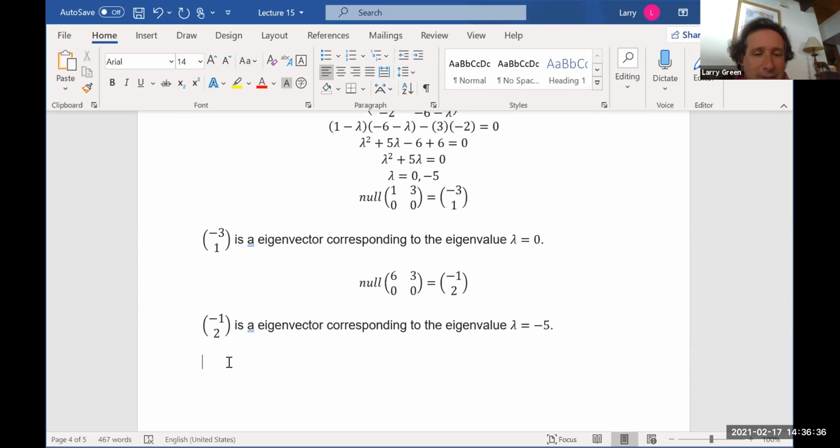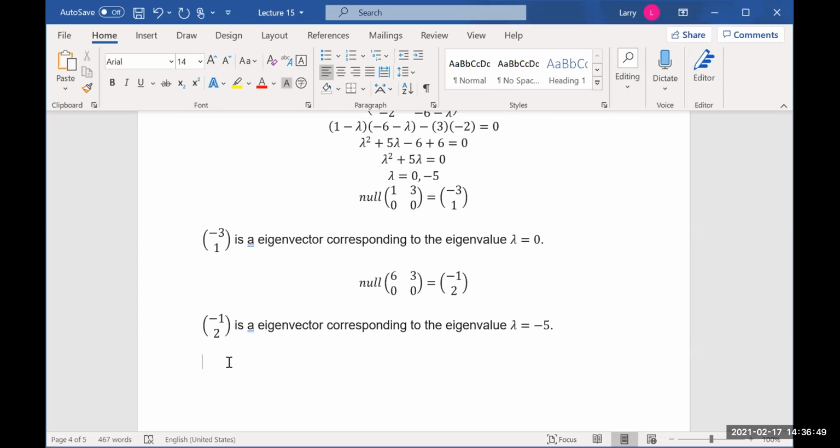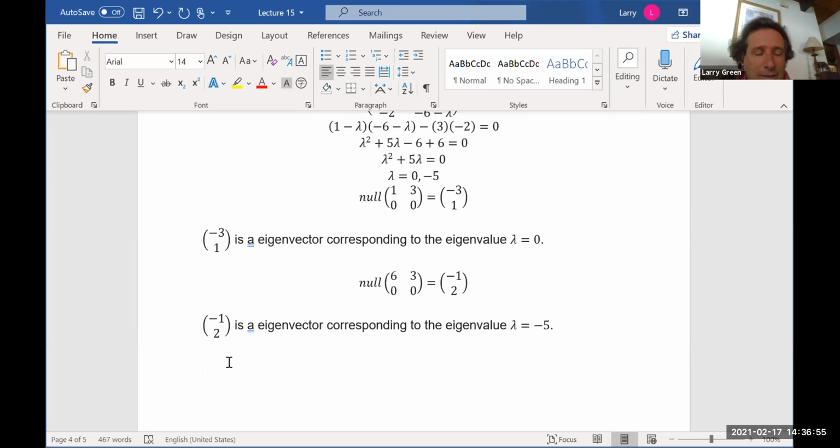If you apply that matrix times the eigenvector, you get a multiple of the eigenvector, right? By definition. And if you apply it again, you still get a multiple. So if you look at the line that the vector sits in, then applying the matrix keeps that line fixed.